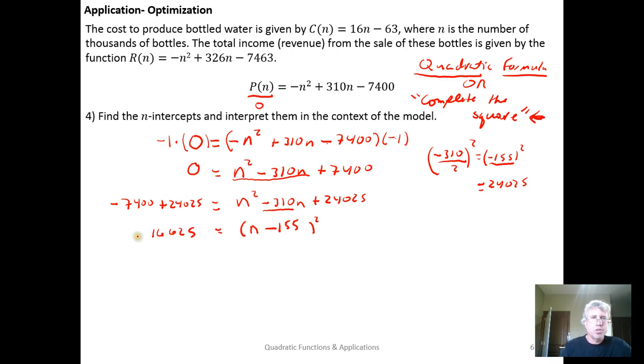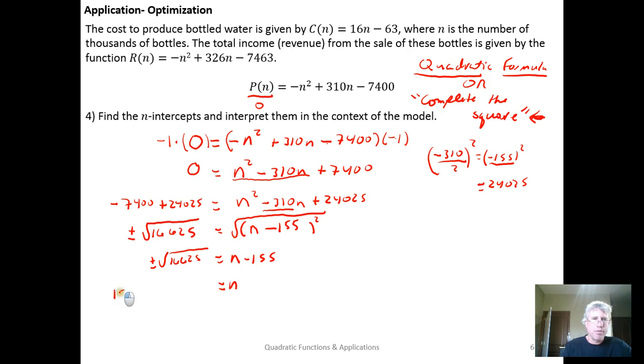So I'm going to take the square root of both sides. But when I take the square root of the constant, I'm going to go plus or minus. I'm going to take the square root of this. These will cancel. That leaves me with n minus 155 equals plus or minus the square root of 16,625. And then I'm going to add the 155 to both sides to get the n by itself.